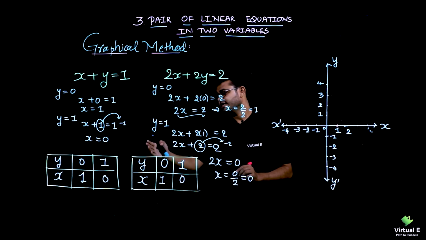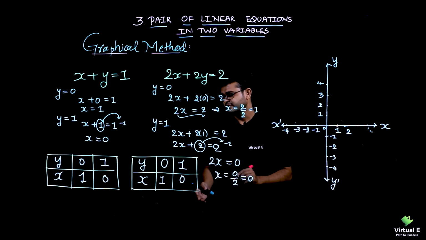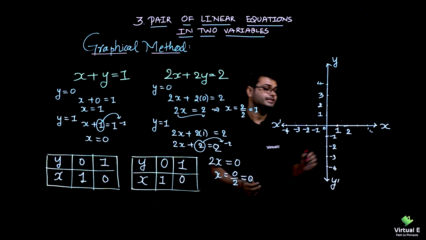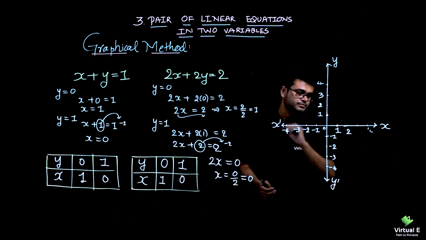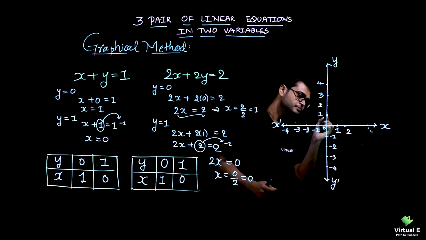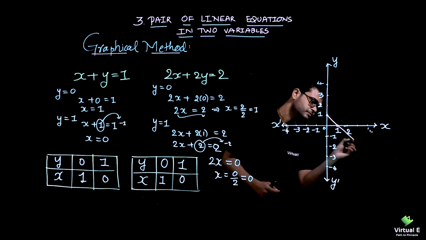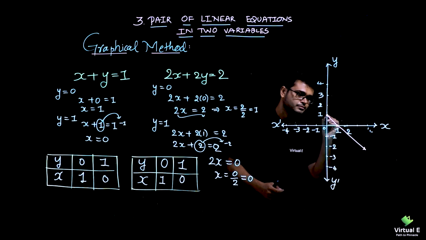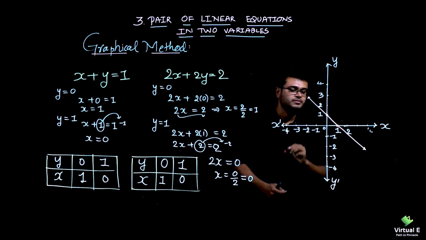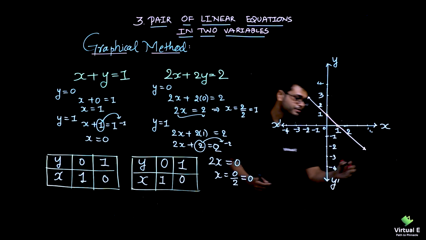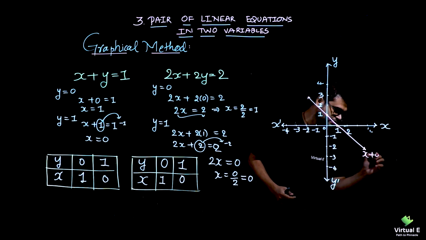Second point, y is equal to 1 and x is equal to 0. The same point is on the y-axis. And let me draw the line. So this is the line. Let me give a name as well: x plus y is equal to 1.